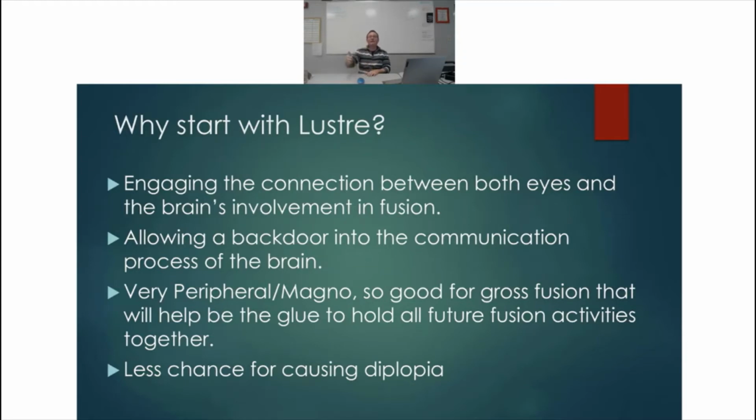Okay, and sometimes that adaptation is good. Okay, if you have somebody that has a tropia, an exotropia or an esotropia, the fact that they're suppressing is a benefit to the brain because now they're not having to deal with that double image, right? So why would we want to work on getting both eyes woken up?